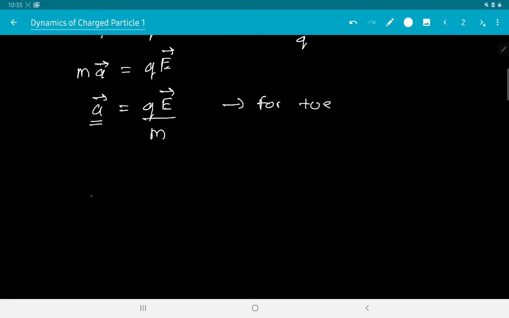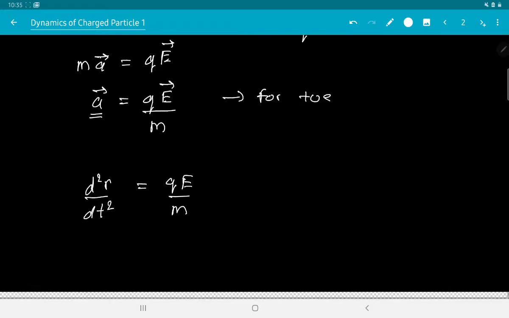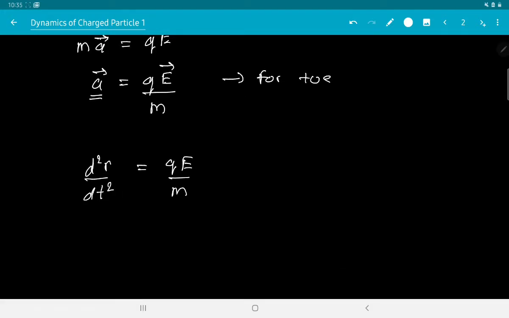Now we can derive an equation for the velocity of the particle. As we know, this acceleration is d2r by dt square, where r is the displacement of the particle, and it will be equal to QE by m. Now if we want the velocity, we can write this as d2r is equal to QE by m, taking dt on this side.